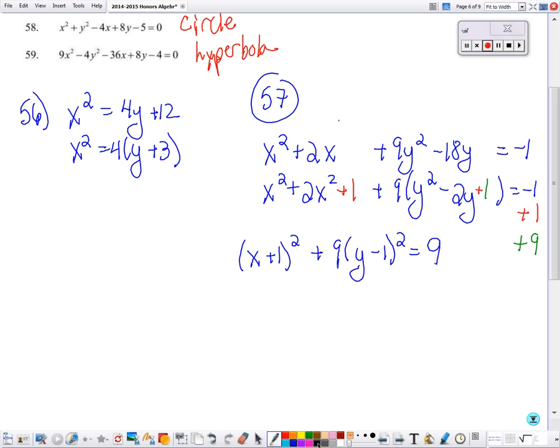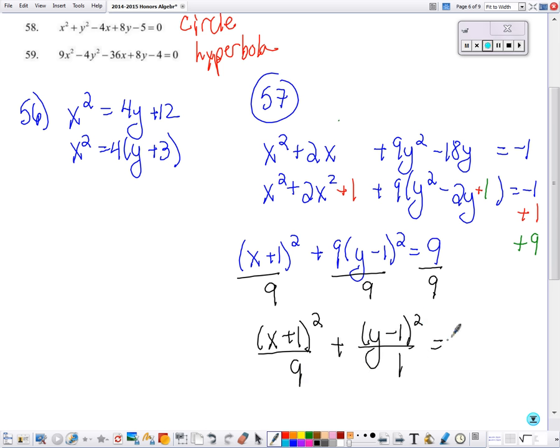Simplify the terms on the right. And then standard form has it equal to 1, so we have to divide everything by 9. And there's our answer for 57.